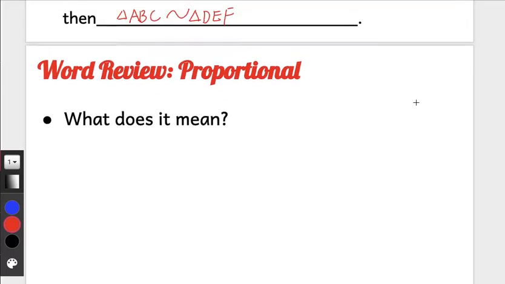Before we introduce the second method, I want to have a quick review regarding the word proportional. In this unit, the very first term we introduced is actually proportion. It's a very, very important term to understand similarity. So what does that mean? As we mentioned, it means having the same ratio.